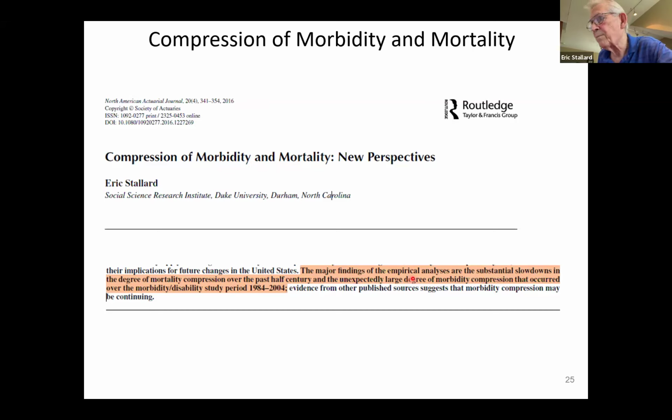The major finding of the empirical analysis is that the substantial slowdown in the degree of mortality compression over the past half century was paired with an unexpectedly large degree of morbidity compression that occurred, at least during the study period 1984 to 2004.